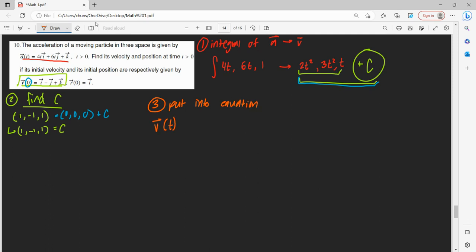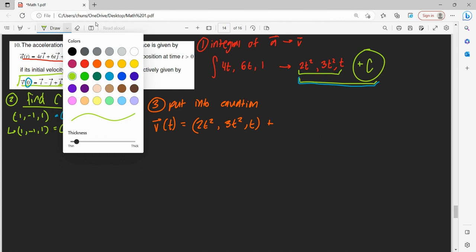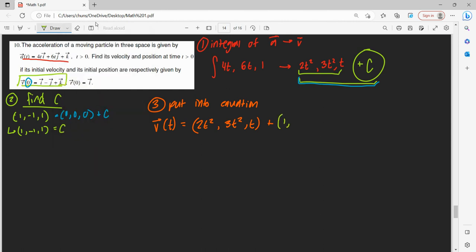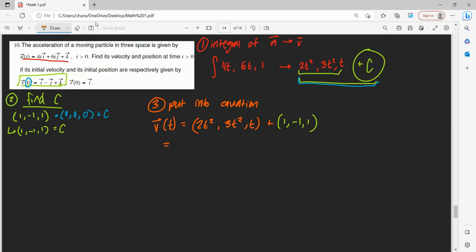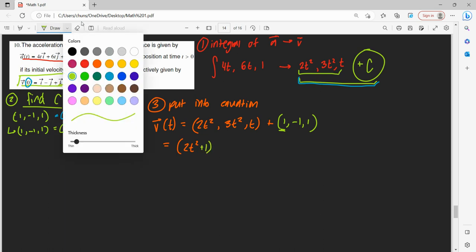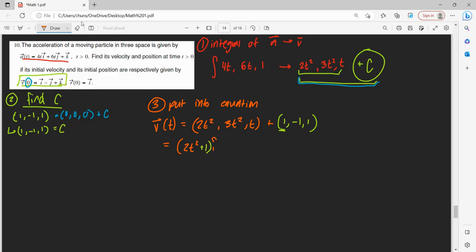So we know that v, once we integrated it with respect to t, we have 2t squared, 3t squared, t, plus that value of c that we just found, 1, negative 1, 1. So now we are going to take each component and combine them together. So that gives 2t squared plus 1, and that's i.